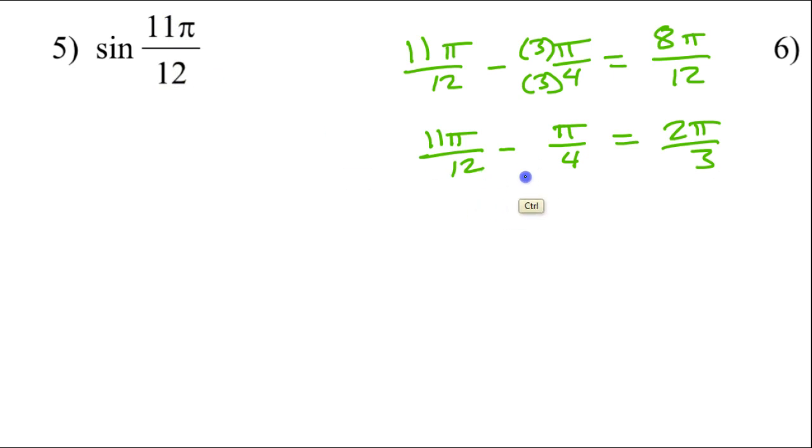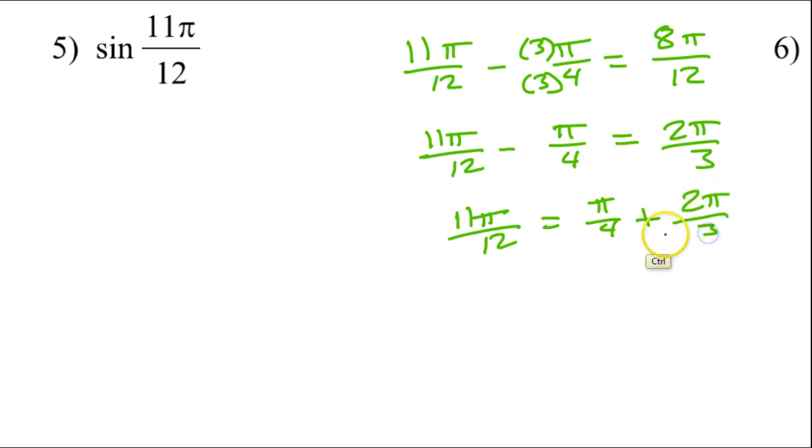So I'm going to add pi over 4 to both sides. So that makes 11 pi over 12 equal to pi over 4 plus 2 pi over 3. So this is what I will use to substitute for 11 pi over 12.